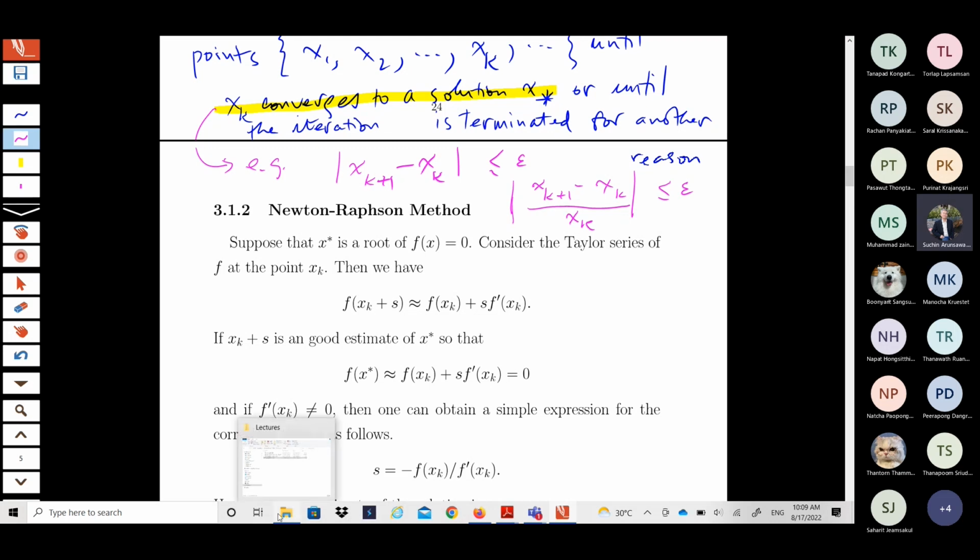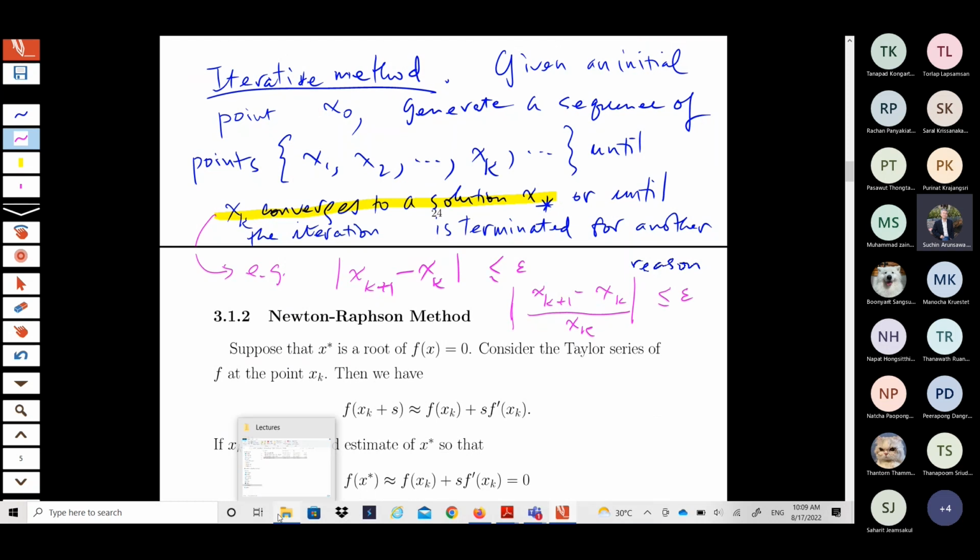That's the idea of how an iterative method looks.